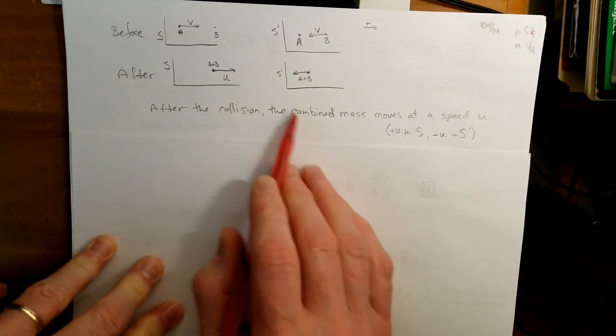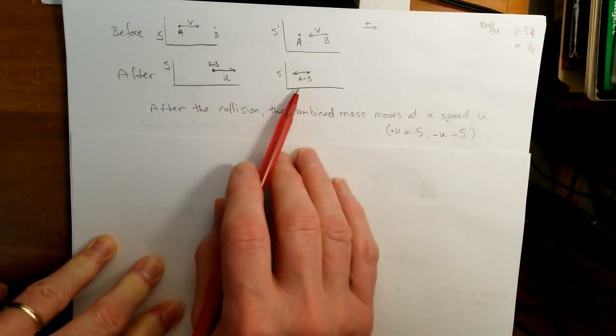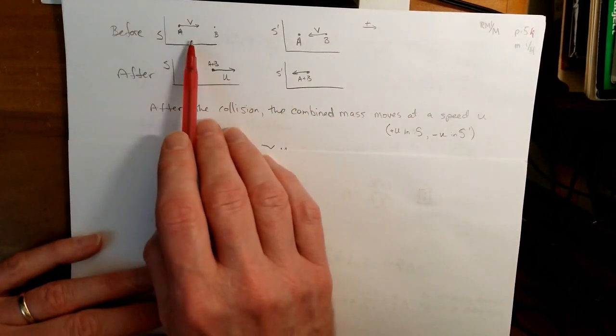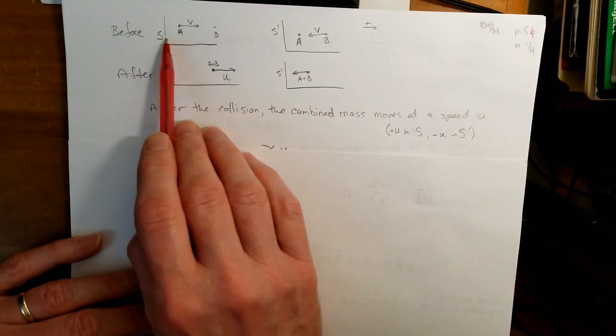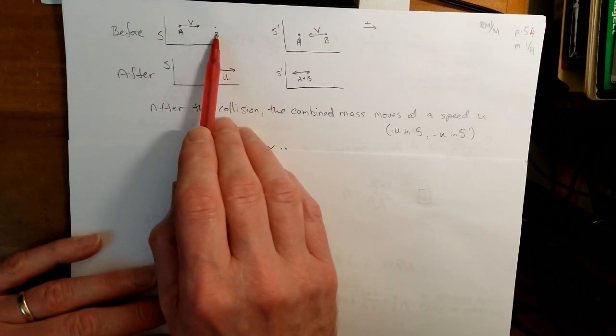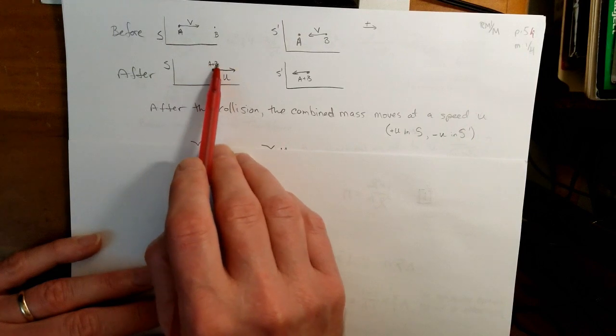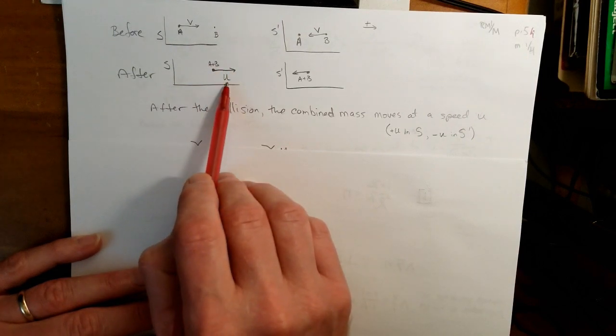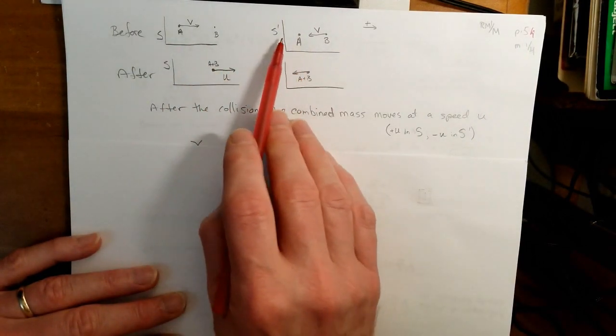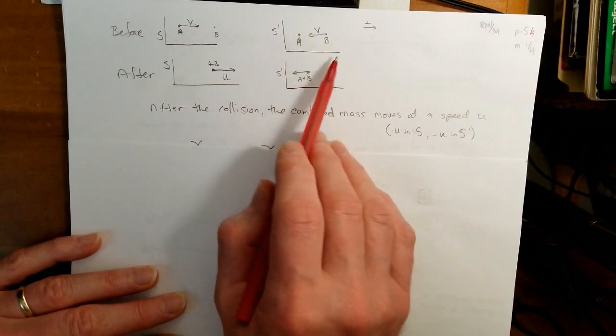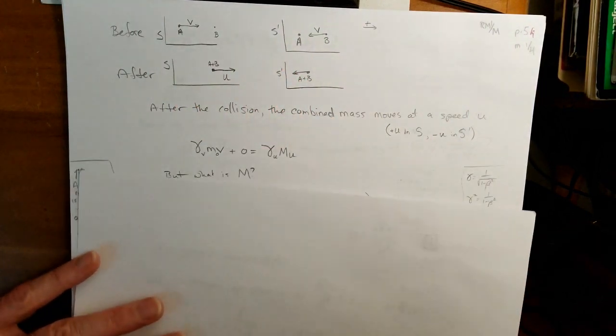After the collision, we're dealing with the same situation as we had before. In the S frame, A is traveling toward B, which is initially at rest. They combine, so I have this mass of A plus mass of B traveling at some speed u, and in the S prime frame, B is heading towards A. They collide and move on.